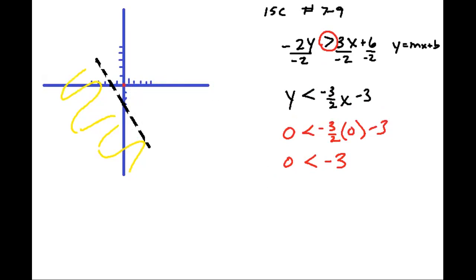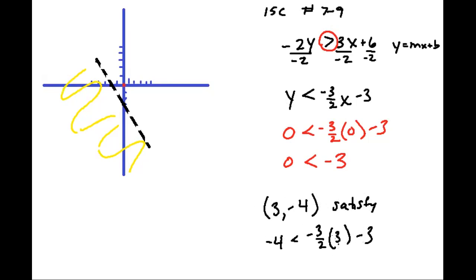On your worksheet, I should have finished reading it. It says, will the point 3, -4 satisfy the equation? That means if you put in 3 for x and -4 for y, will that make that true? So let's find out. -4 for y, and then a 3 for x, and then I have to solve.